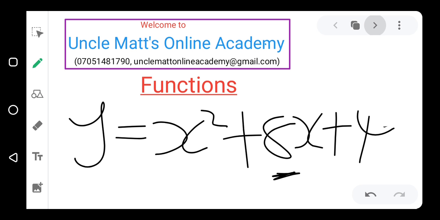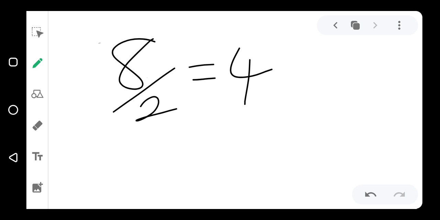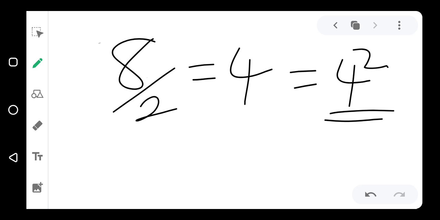So we now have that y is equal to, let's start with b. Let's say the b there is 8. So we divide 8 by 2. 8 divided by 2 gives us 4. Now 4 squared, we now have 4 squared. Now this 4 squared, add it and subtract it on the same expression.